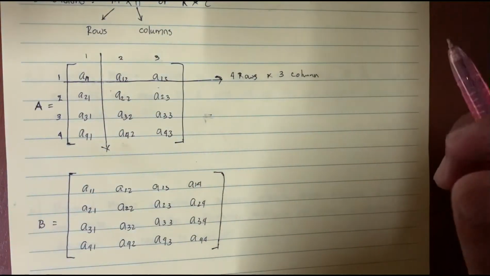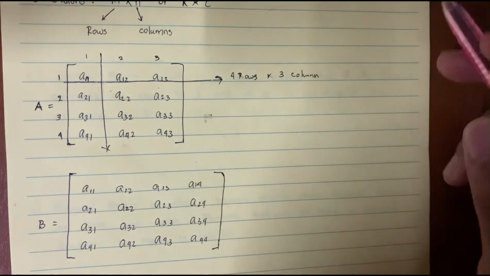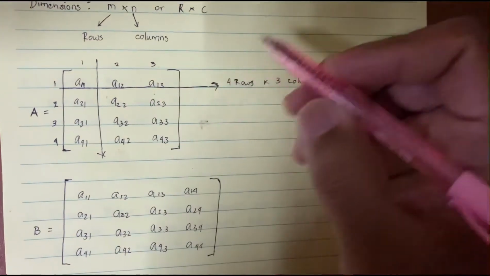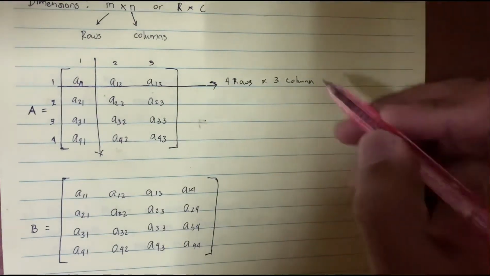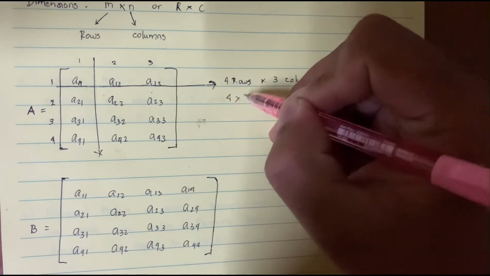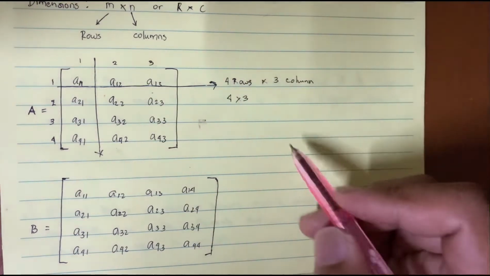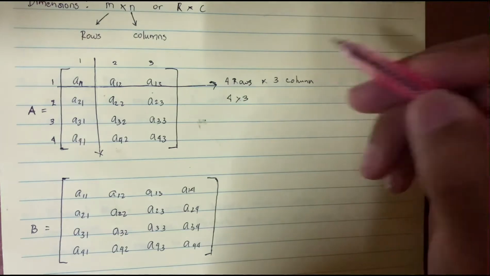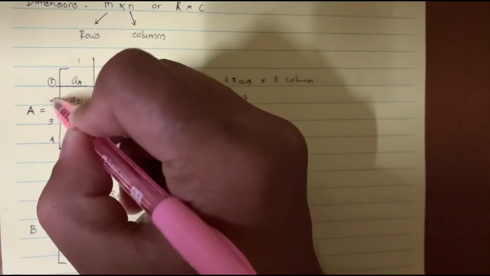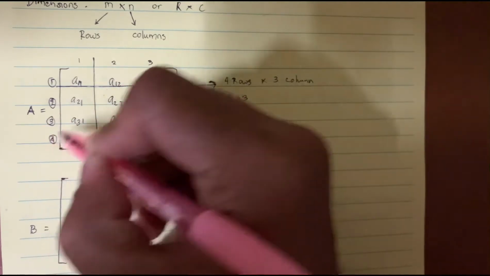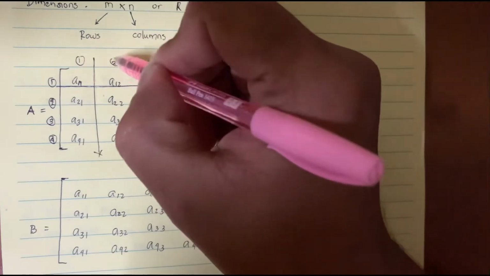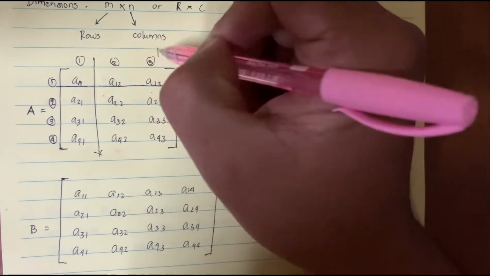For example, may dalawa tayong matrix dito, A saka B. Yung A ay 4x3 matrix. Bakit naging 4x3? Kasi apat yung rows: 1, 2, 3, 4. Tatlo yung column: 1, 2, 3. Ito yung pababa.